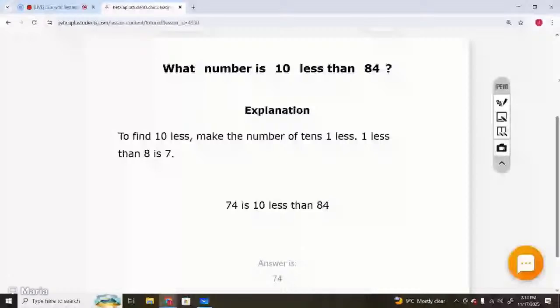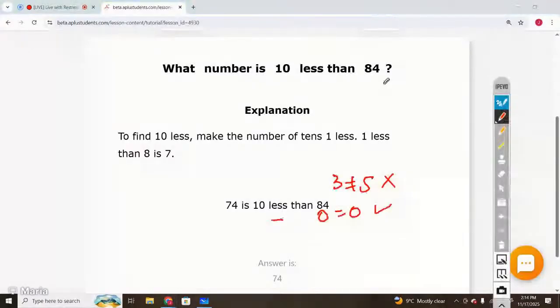What number is 10 less than 84? So 10 less than 84 means you just have to look at the tens digit in 84. 4 is the digit at the ones position and 8 is the digit at the tens position, right?